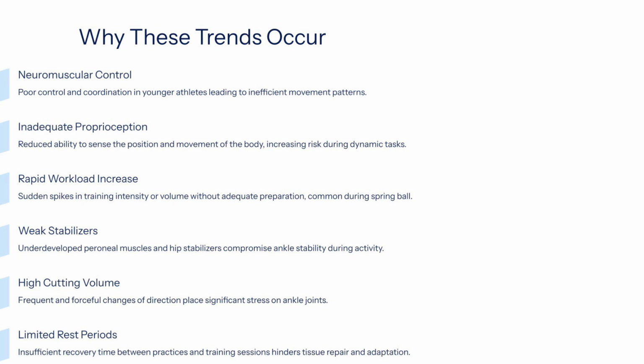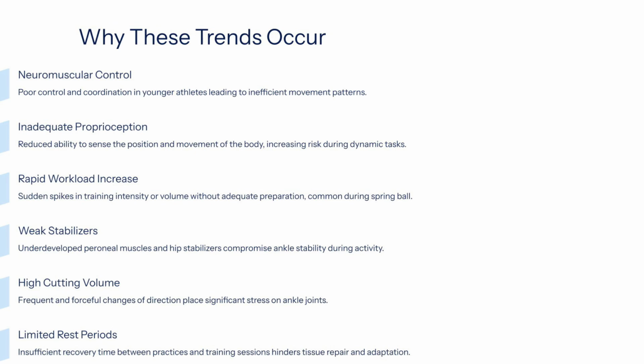Rapid workload increase, so sudden spikes in training intensity or volume without adequate preparation, is common during spring football. Weak stabilizers, underdeveloped peroneal muscles and hip stabilizers, compromise ankle stability during activity. High cutting volumes, frequent and forceful changes of direction, place significant stress on ankle joints.